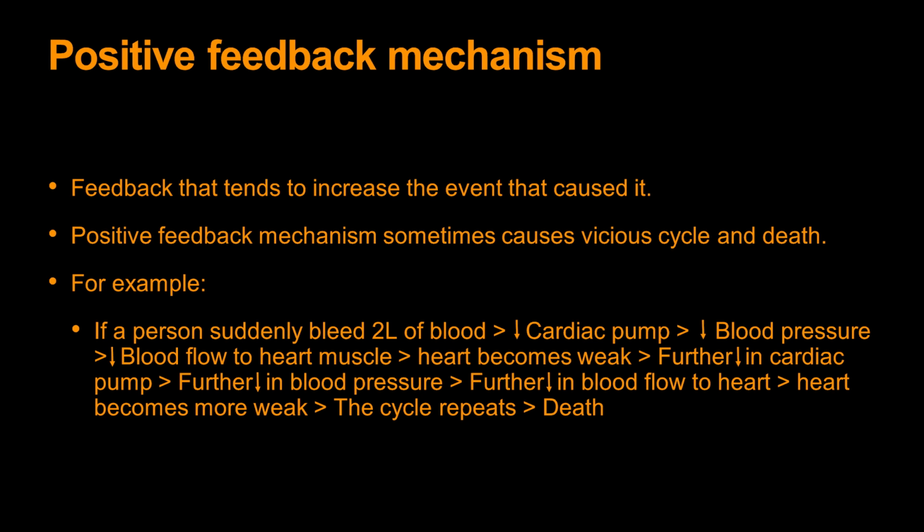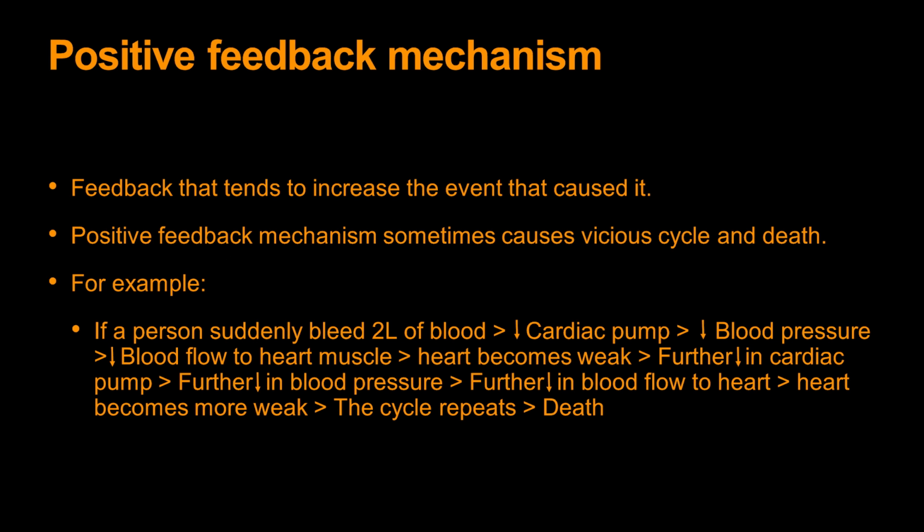Let's say a person has lost 1 or 2 liters of blood in an accident, and the positive feedback mechanism will also affect the cardiac function. As a very big amount of blood is gone from our body, our heart or cardiac muscle will tend to pump very slowly.